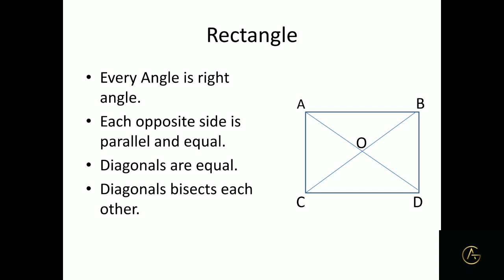Diagonals are equal and they bisect each other. Diagonal AD is equal to BC, and the diagonals bisect each other, meaning AO is equal to OD and CO is equal to OB.